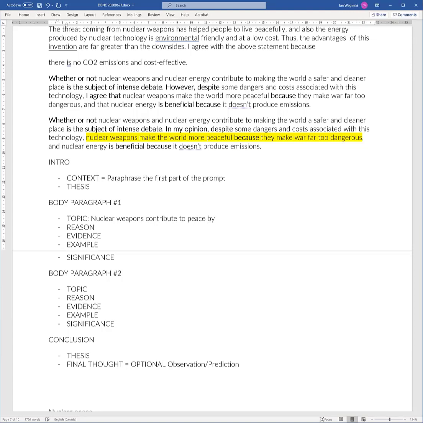I would probably say nuclear weapons contribute to peace by using it as an advantage of defense and not to attack. That's true, but the grammar doesn't really work.